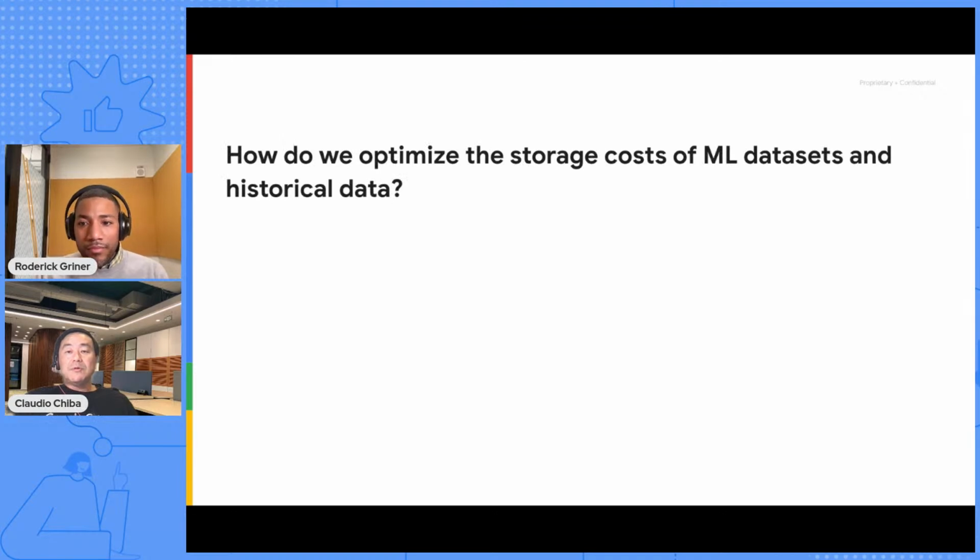How do we optimize the storage costs of ML datasets and historical data? Besides what we discussed in the slide, I think 29, you need to watch out for any actions that edit your table loaded to BQ, because for long-term archives with no access, it will drop the price by 50%.